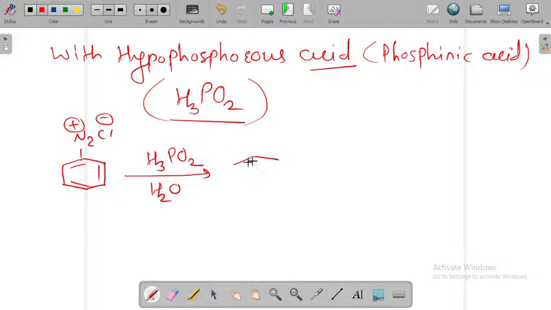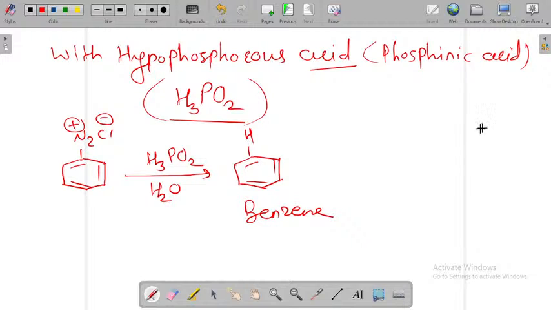It is nothing but protonation, just the protonation. That's why it is hydrogen. This is nothing but benzene. So we can prepare benzene with the help of hypophosphorus acid and this benzene diazonium chloride salt.